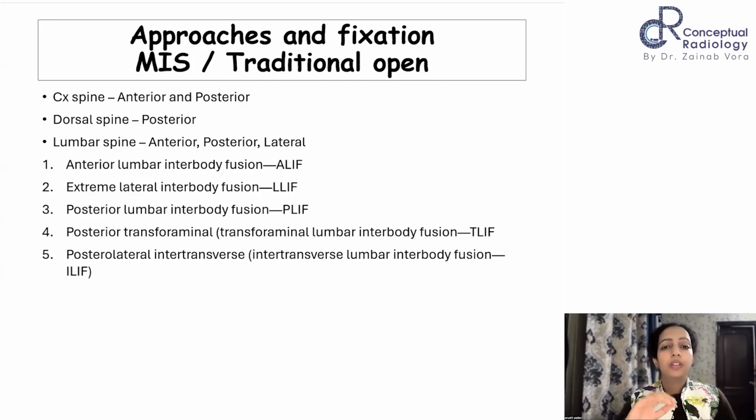Otherwise, for degenerative changes, the anterior approach is more common. For the dorsal spine, the posterior approach is more common, and the lumbar spine has been explored with all these approaches: anterior, posterior, lateral. Something that we commonly see is a posterior approach, right?